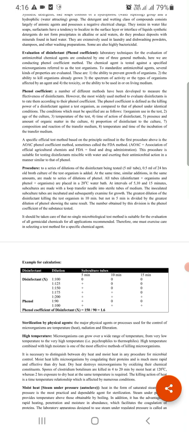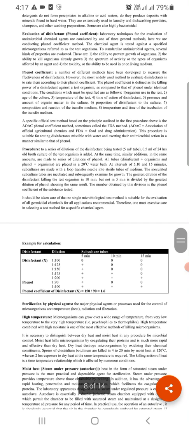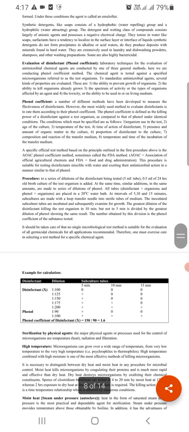To standardize antimicrobial agents, several kinds of properties are evaluated. These properties are the ability to prevent growth of microorganisms, the ability to kill microorganisms already grown, the spectrum of activity, or the type of organisms affected by that agent, that is whether the chemical agent is broad spectrum or not, and then the toxicity, or ability to be used in or on living tissue.